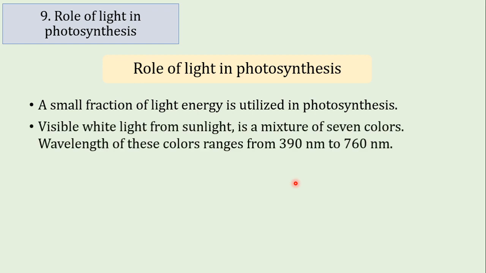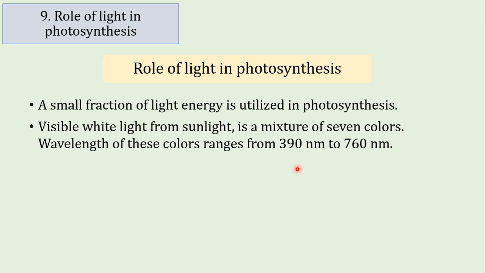We know that different kinds of light come from the sun, but the photosynthetic pigments can utilize only the visible light spectrum that contains the 7 colors. We know the visible white light contains the 7 colors: VIBGYOR, violet, indigo, blue, green, yellow, orange, red.